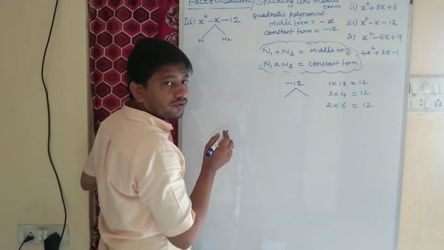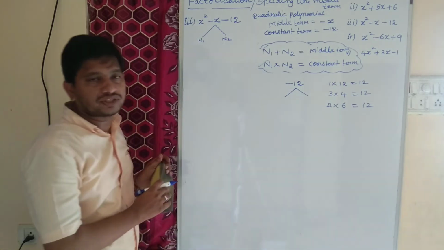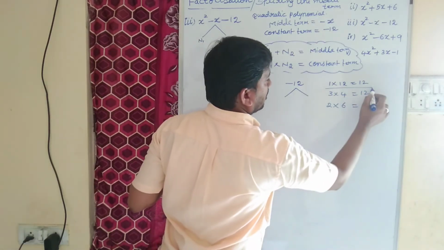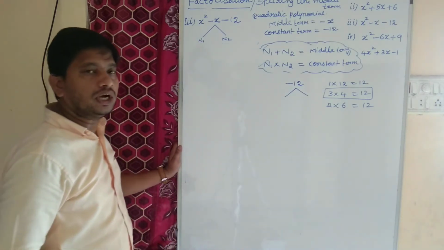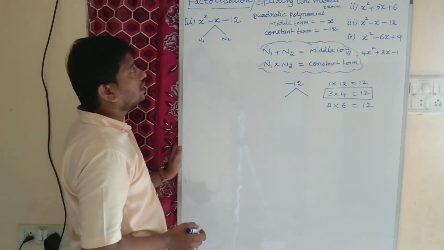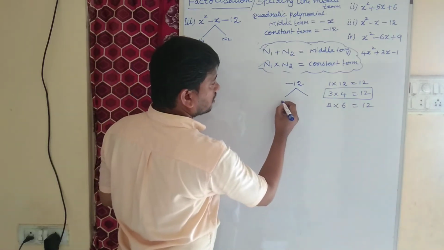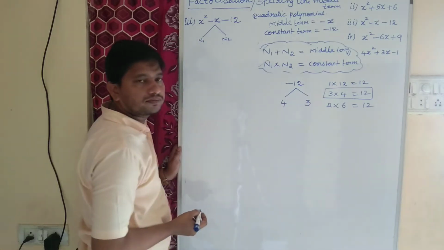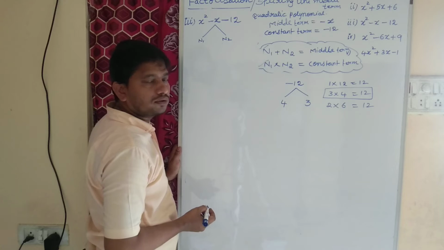But if you observe here, we have a negative sign, minus 12. So let me consider this possibility, 3 times 4 is 12, or 4 times 3, whatever it may be. The factors of 12 are 3 and 4.